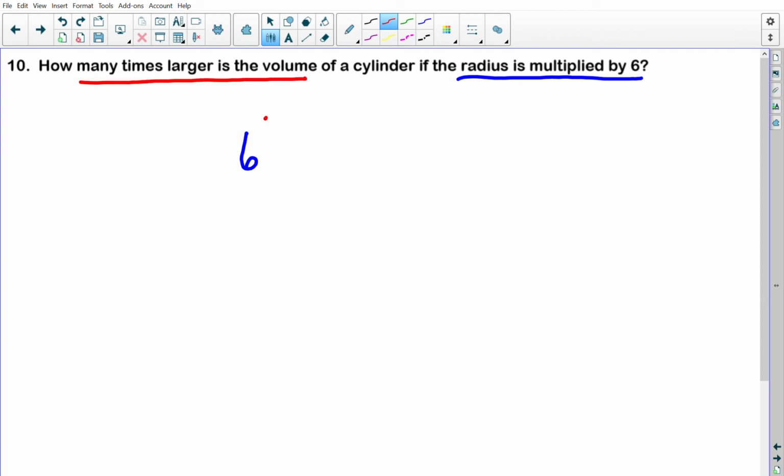And the volume is a third degree measurement. So I'm going to take that first degree increase and cube it, which is going to get me 216, and the volume will be 216 times larger, okay?